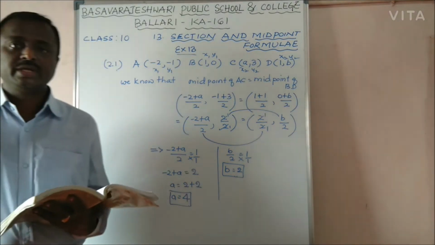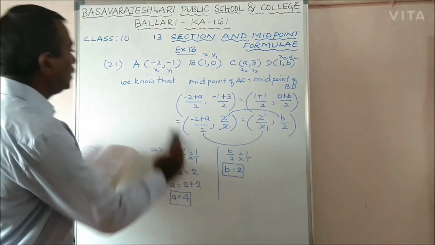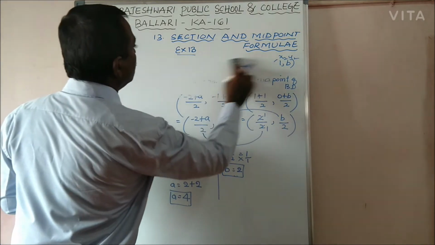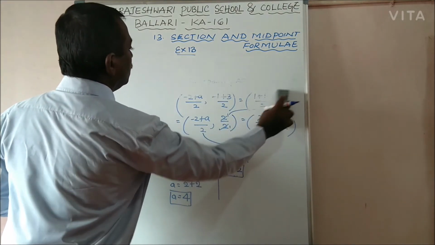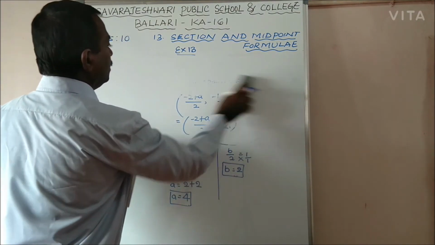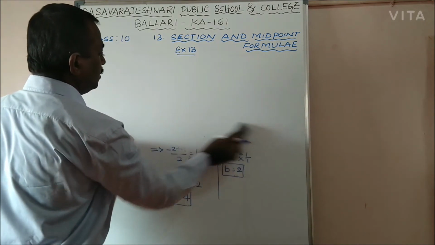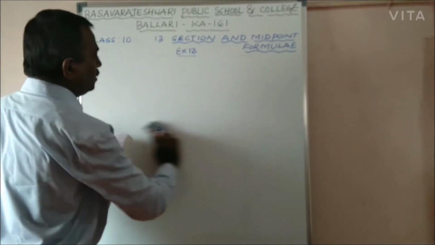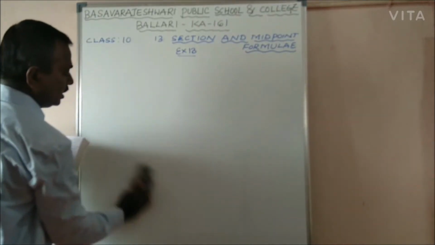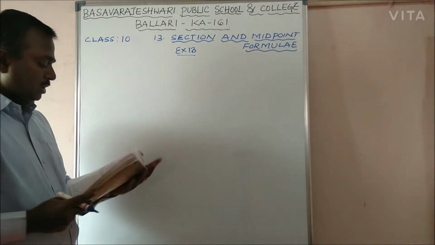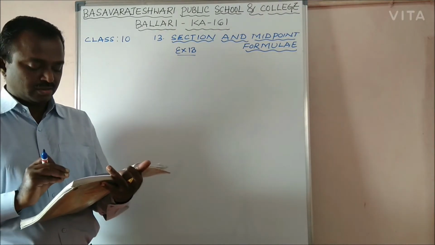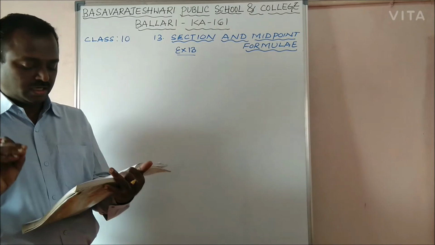So we will move on to the next question, that is 22. The three vertices of a parallelogram ABCD taken in the order are given.